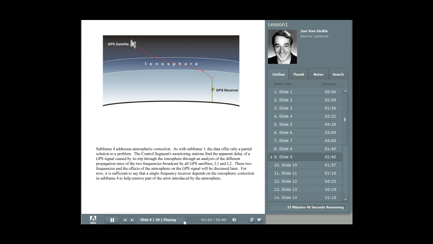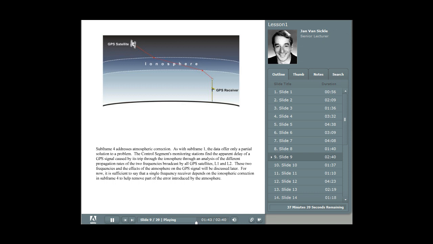But for the moment, it's sufficient to say that a single frequency GPS receiver, and there are such things, of course, is somewhat handicapped by the fact that it cannot model, if you will, the ionosphere.